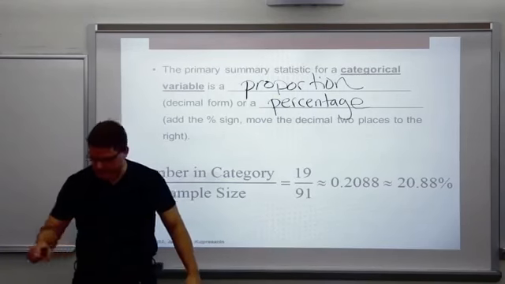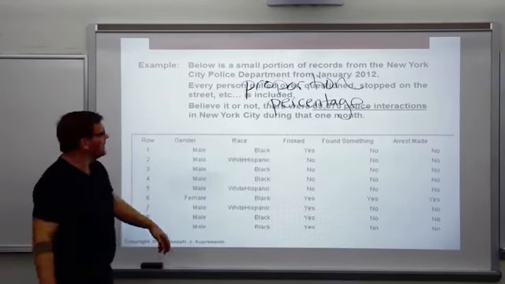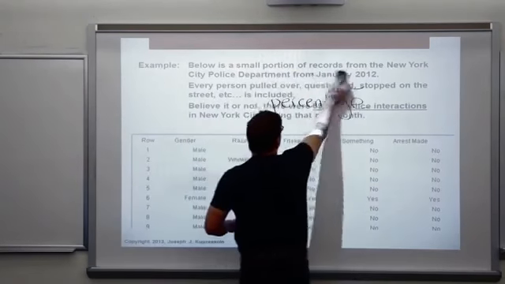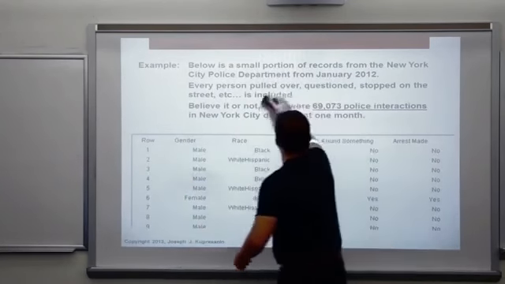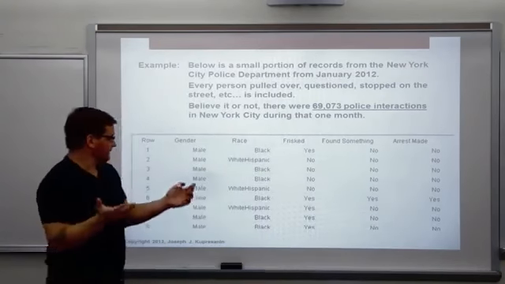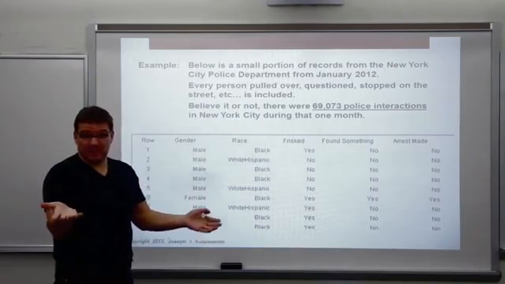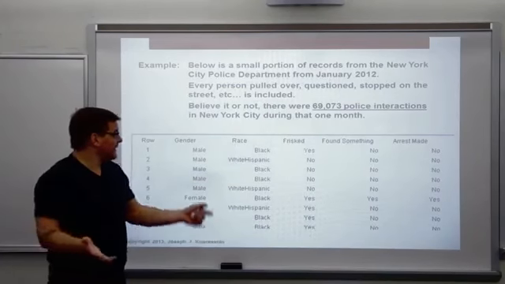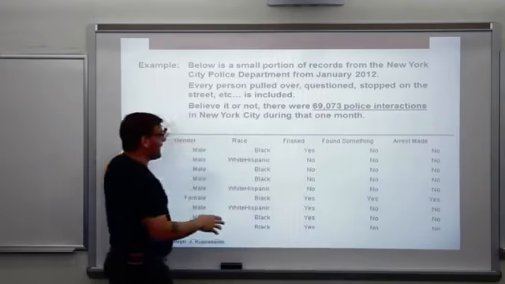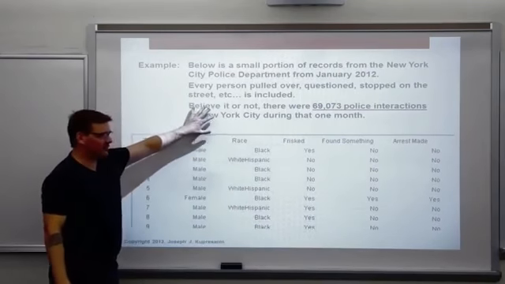Okay, to the example in the notes. I have data from New York City from January of 2012, and what we're looking at is every interaction with police officers in New York City. There were 69,073 police interactions during that one month, believe it or not.